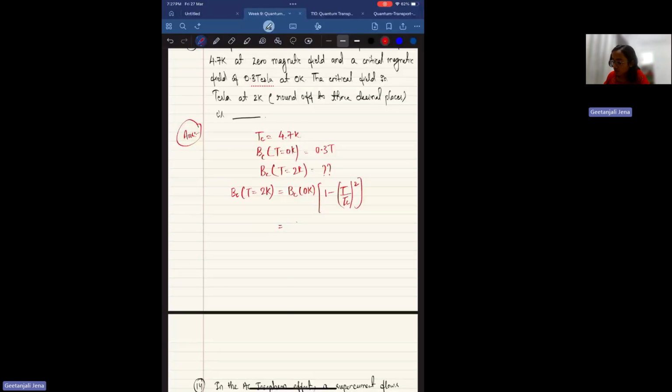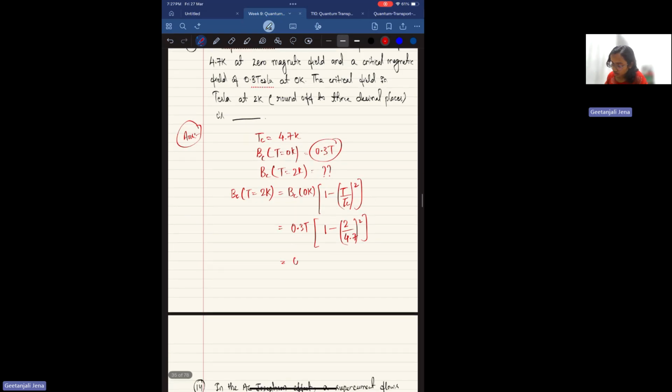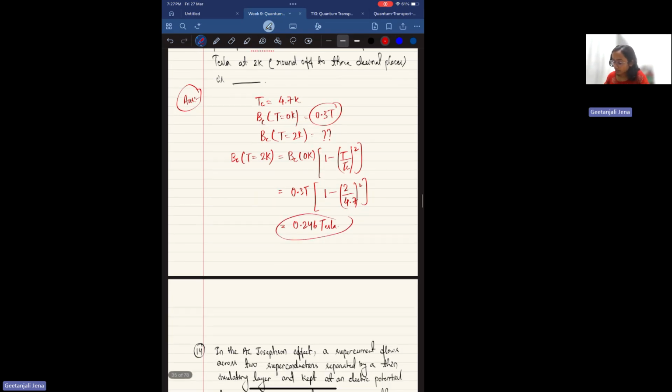The critical magnetic field for 0 Kelvin is given as 0.3 Tesla, T is 2 Kelvin, and Tc is given as 4.7, squared. So this will give a critical magnetic field, I think, of 0.246 Tesla. So the answer is 0.246.